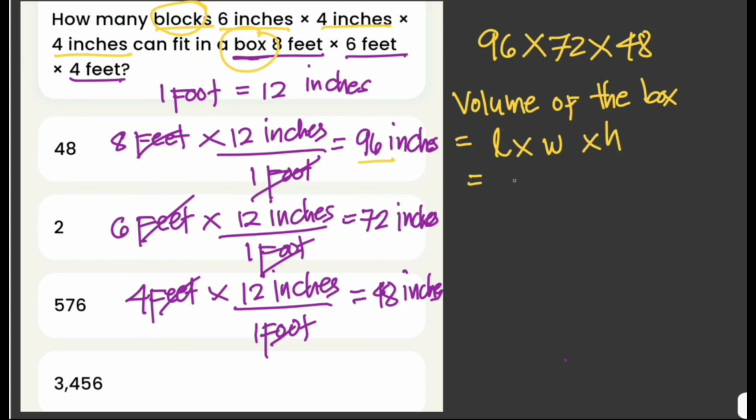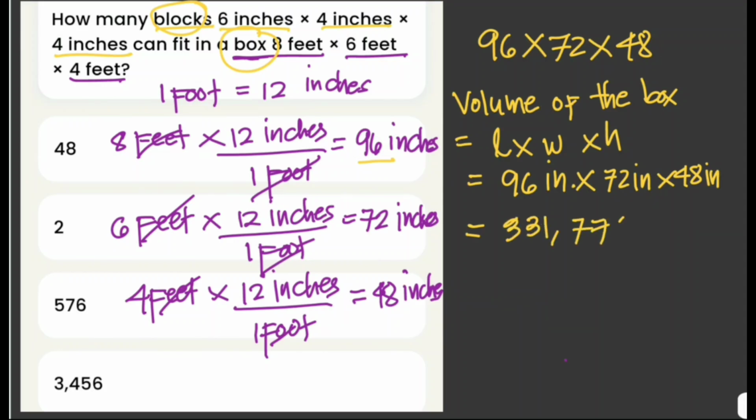So that would be 96 inches times 72 inches times 48 inches. And that would give us a volume of 331,776 cubic inches. And now we solve for the volume of each of the blocks.